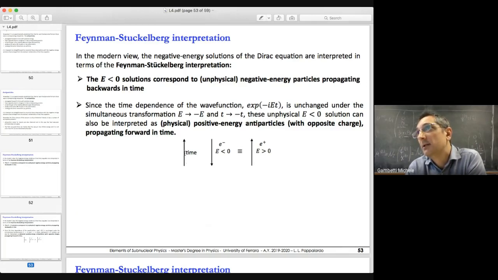So suppose this is the direction of time, which of course is positive. The negative energy solutions of the Dirac equation are interpreted in the Feynman-Stueckelberg interpretation as negatively charged particles moving with negative energy backward in time. But this is reinterpreted as the existence of particles with opposite charge, positive energy, and moving forward in time. So physical particles.